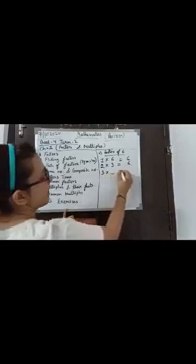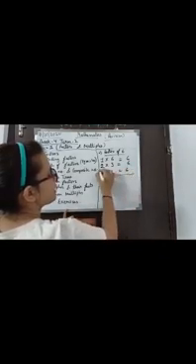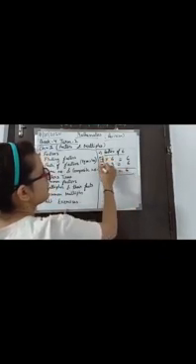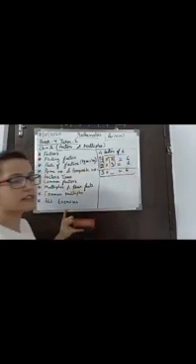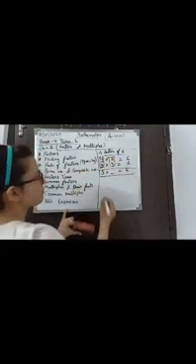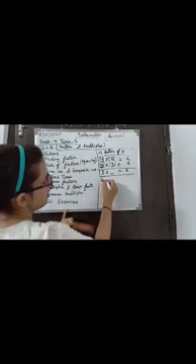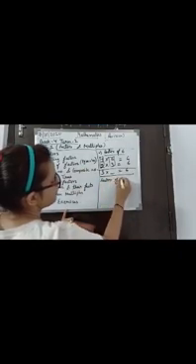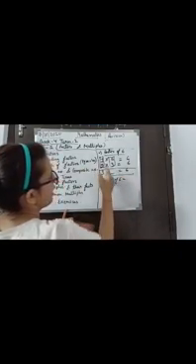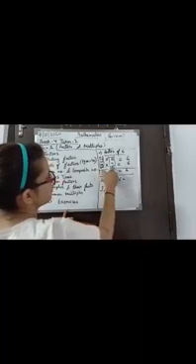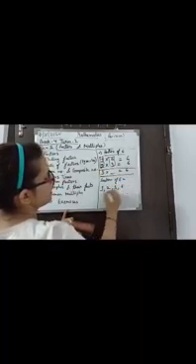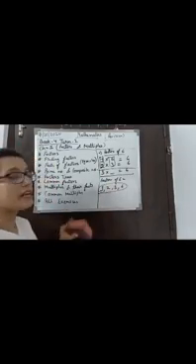No. So we stop our multiplication here, and these numbers are our factors. So write here: factors of 6 are 1, 2, 3 and 6.